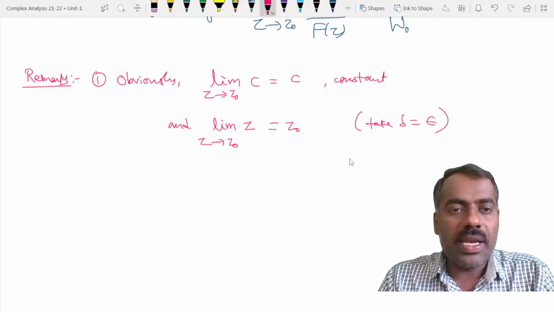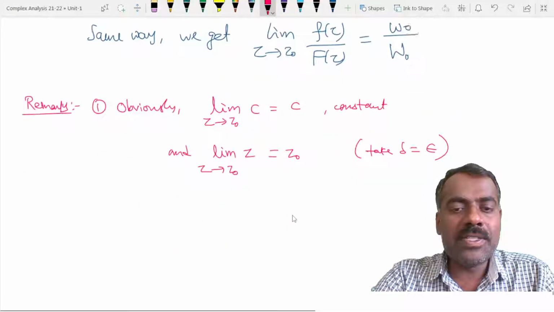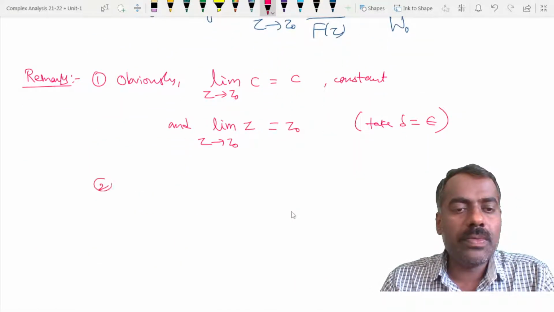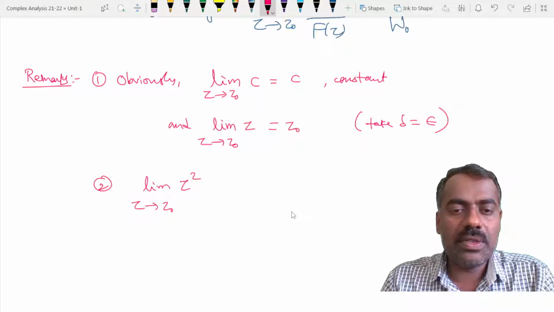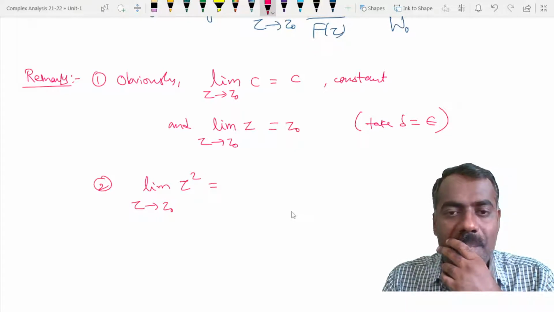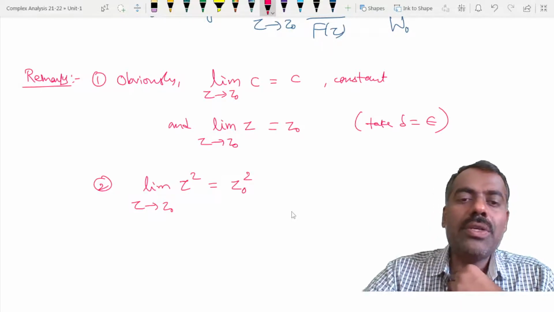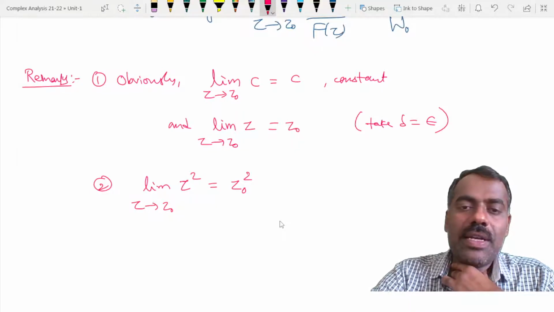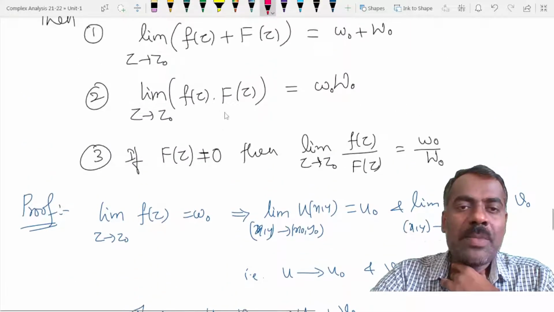Okay. And now use this product. What can you say about the limit of z square as z tending to z naught? What can you say about this? z naught square. Whether we have to use the definition or we can use the previous property, the second property, we can use or not?